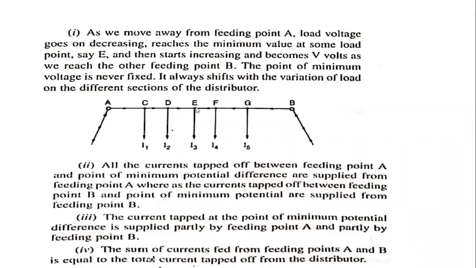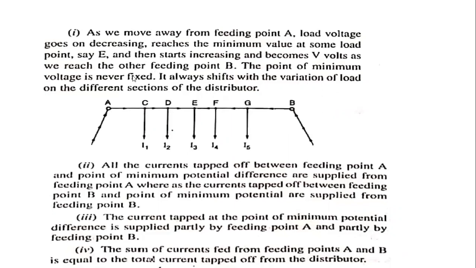Then the voltage starts increasing and becomes V volts when we reach the other feeding point. Why? Because it increases after that point, since we are feeding at the B side also.